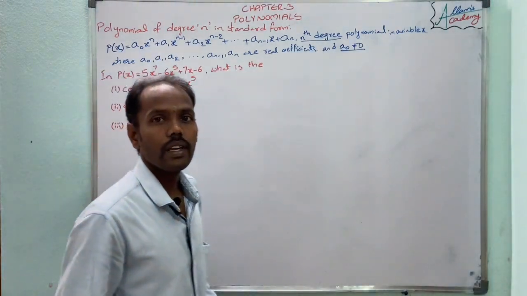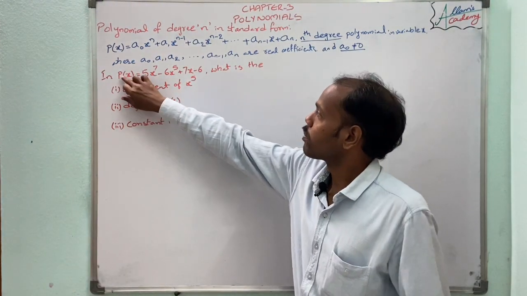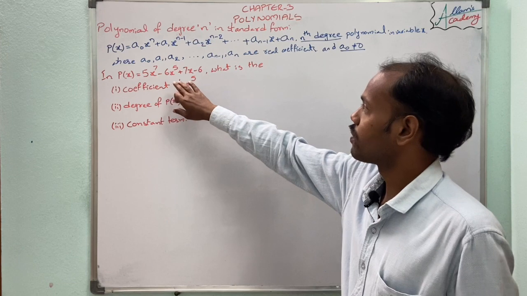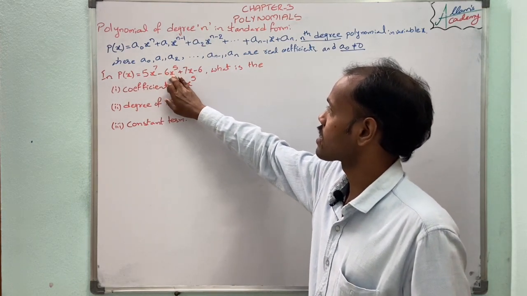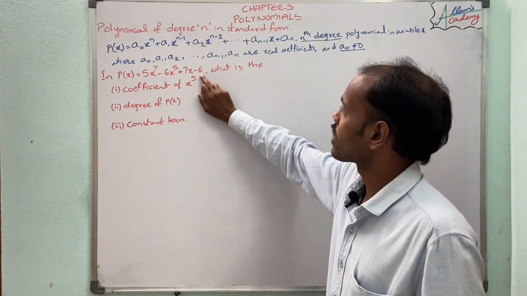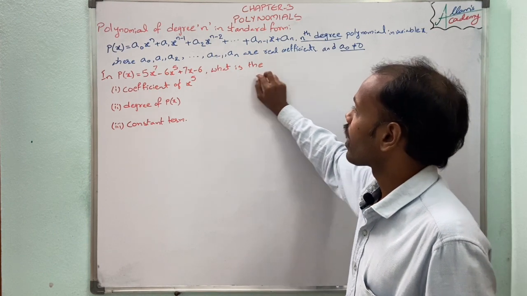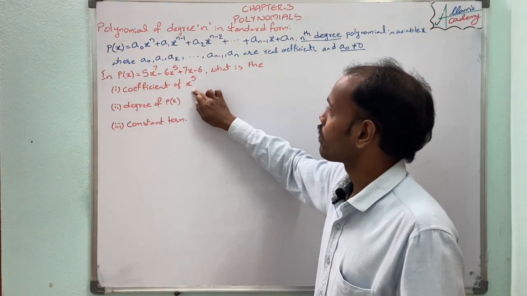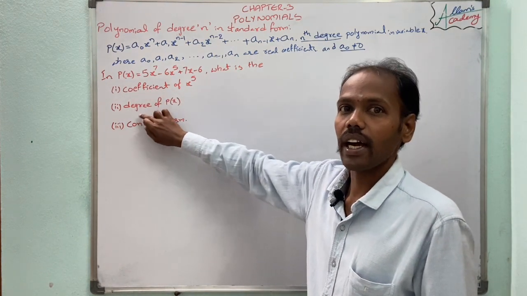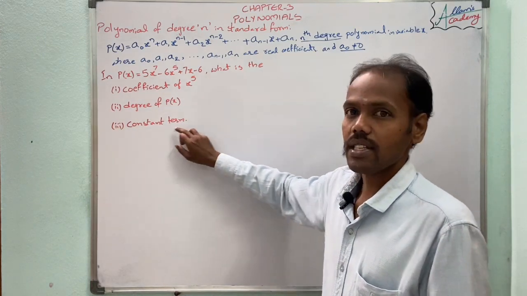Here is a given question. In p of x equals 5x power 7 minus 6x power 5 plus 7x minus 6, what is the coefficient of x power 5, the degree of p of x, and the constant term?